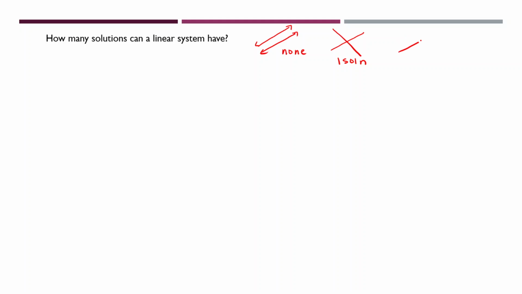The other option is that we have a line and then the second equation just happens to be exactly the same line, which means we actually have an infinite number of solutions.